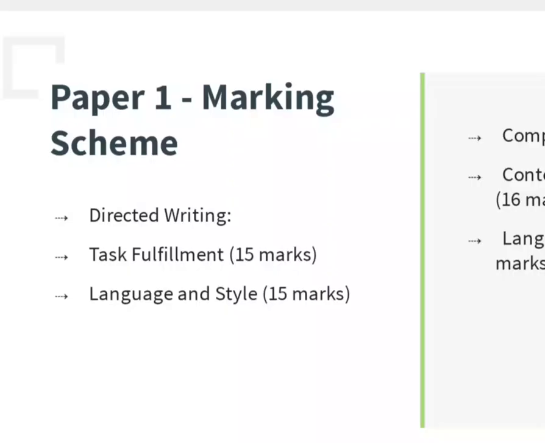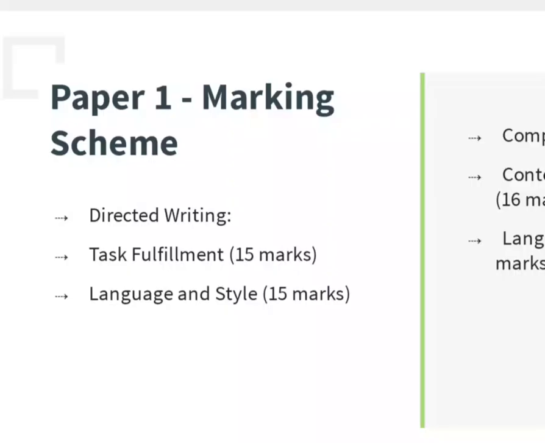Number 1 would be the task fulfillment and second would be language and style. As I have told you, this syllabus distinguishes between task and language, and the focus is on the task and the language. Now I'll be telling you about the directed writing, what should be the task and how it is fulfilled and how many marks are allocated for it.